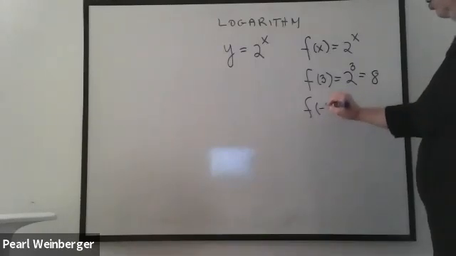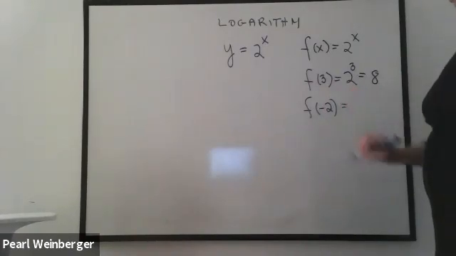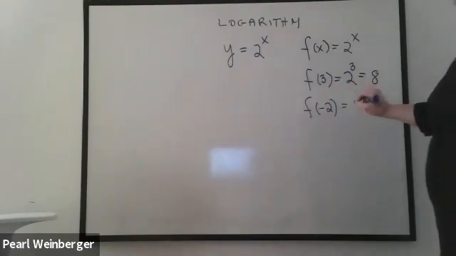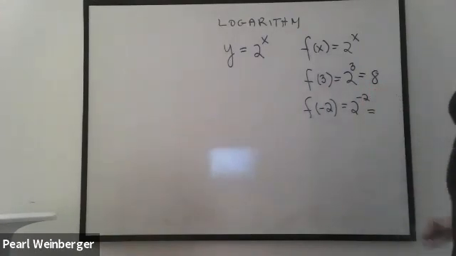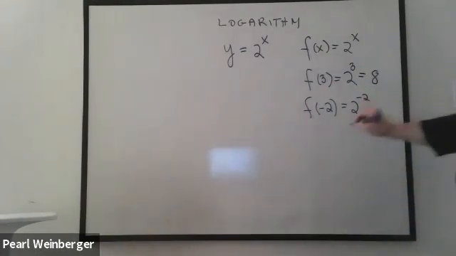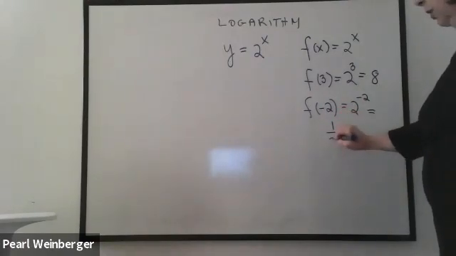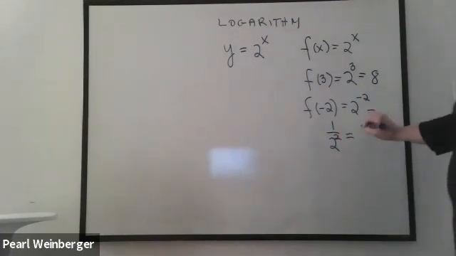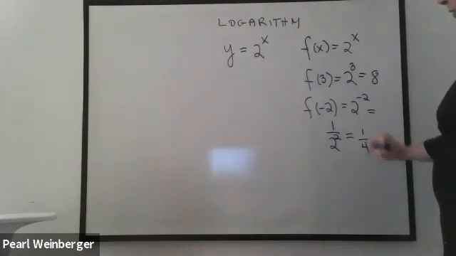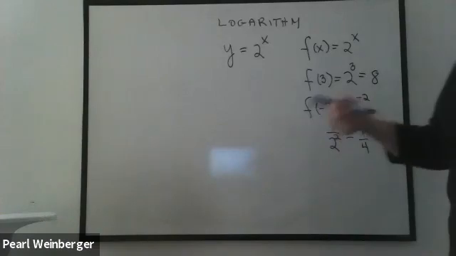negative 2. And that would have been find 2 to the negative 2 exponent. And I know when I have a negative exponent, I need to take the reciprocal. So that means really do 2 to the second power, and 1 over 2 to the second power is 1/4. Notice when my number was negative, my answer didn't turn out to be negative.